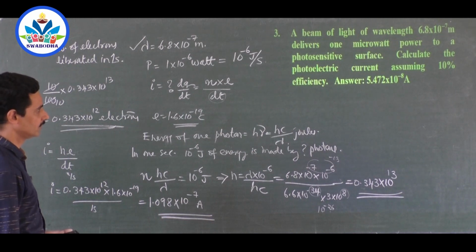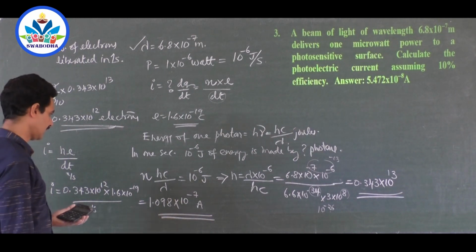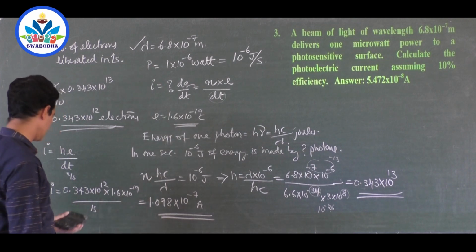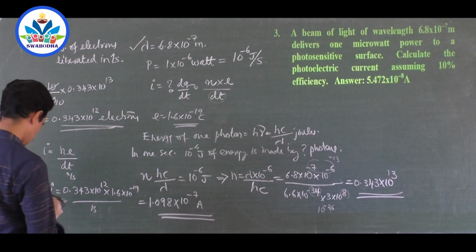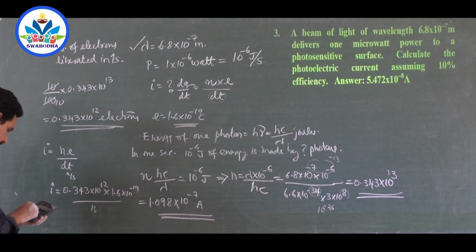Somewhere you have gone wrong. We have to check it now. 1.098 into 10 to the power minus 7 ampere. So 0.343 into 10 to the power 12 electrons, 0.343 into charge of each electron divided by time, 1 second. So 0.343 into 1.6. Oh no, you are getting the answer.